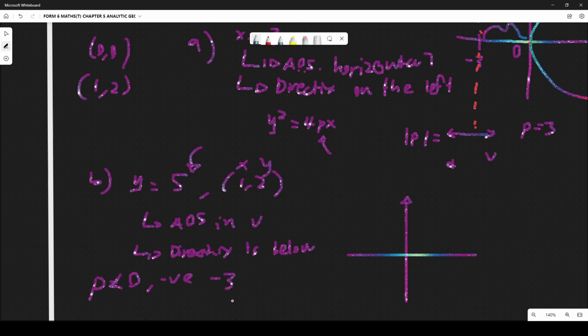We have the center part, and the vertex is at 1, 2, like here. Let's say this is 0, label this as 1, and this as 2. So this will be the vertex. Maybe I need to extend the line.